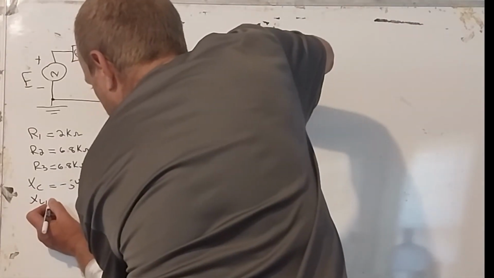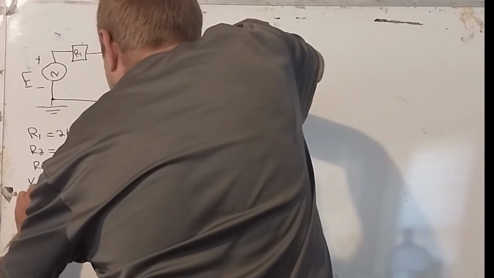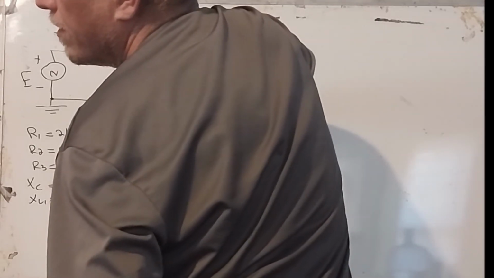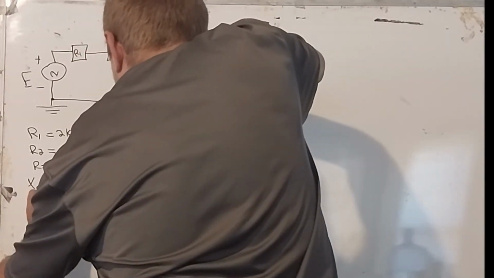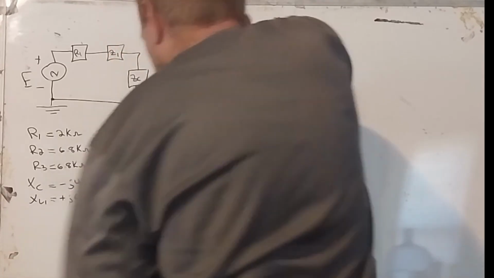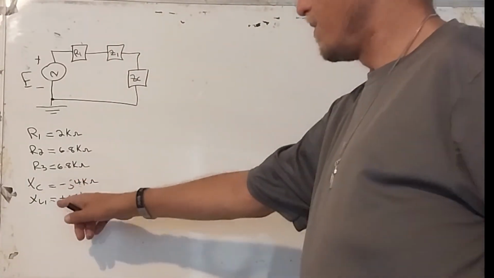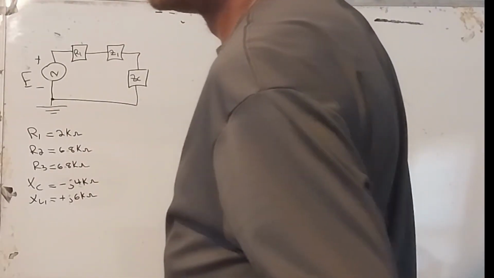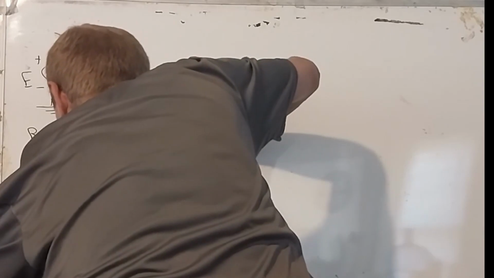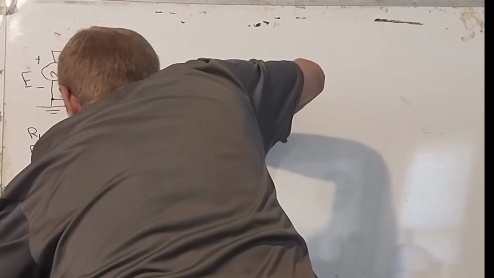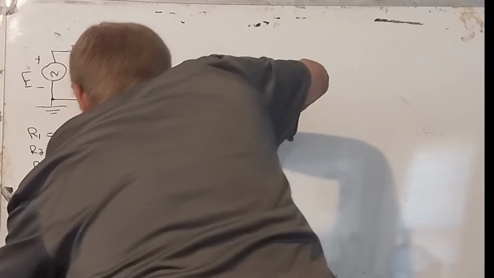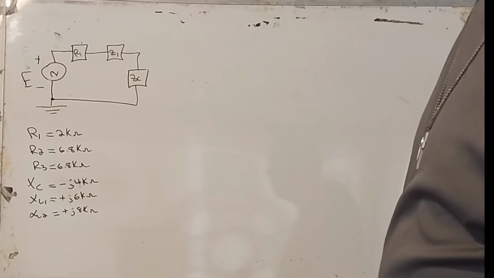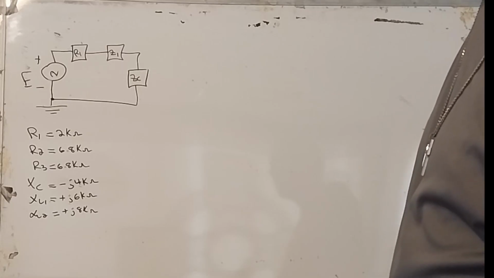But just to keep it in rectangular form for now, we'll just use the form it's in. So now we got X of L1 equal to 6K ohms, and that's a positive 90 degrees. But X of L2 is 8K ohms. Okay, so now we got to find what Z sub A, Z sub B, and Z sub C is.